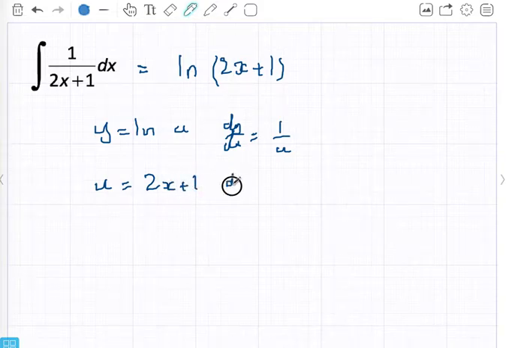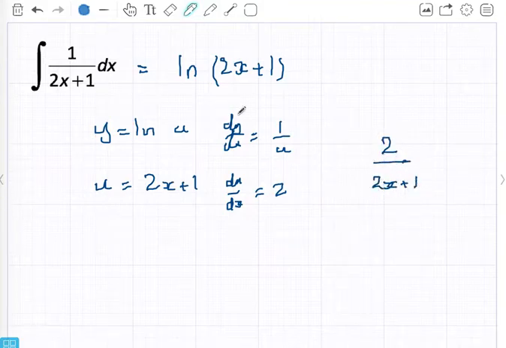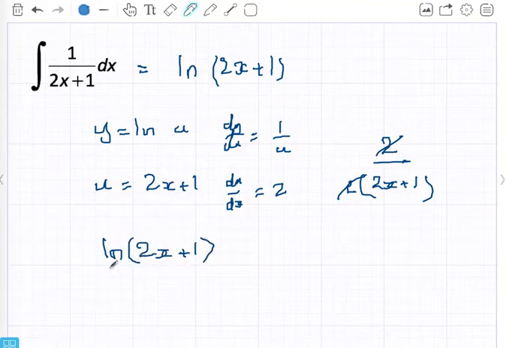There's a kind of pattern going on here. This comes out as being 2, so when I put them together I end up with 2 over 2x plus 1, but I want only that, so I've got to divide by 2 to get back to where I started. So the actual answer is log of 2x plus 1, divided by 2.